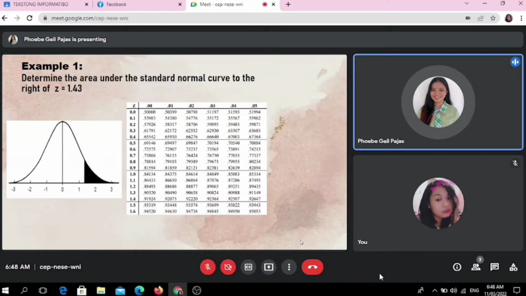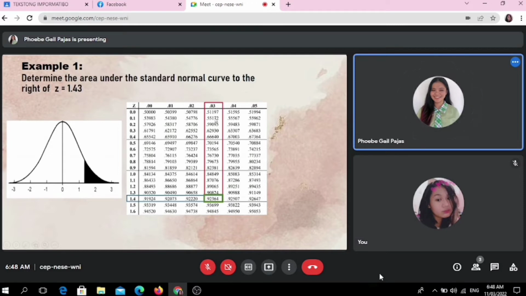So, example number 1. Determine the area under the standard normal curve to the right of z = 1.43. 1 is the whole number and the first decimal place is 4. Then, titignan natin dito yung 1.4. Tapos, yung last decimal place is 3. So, i-align natin sa 3.